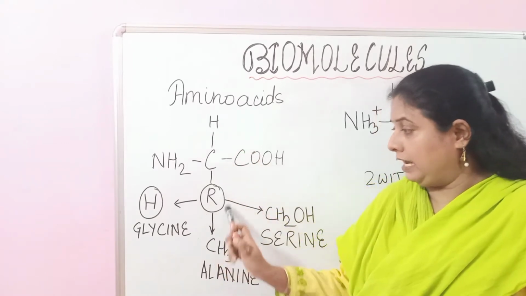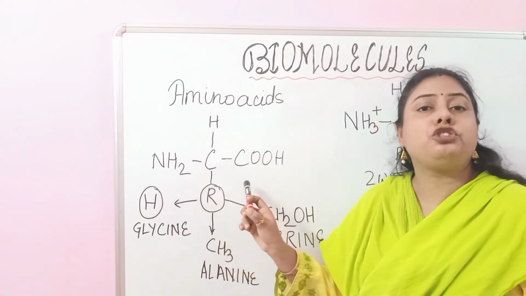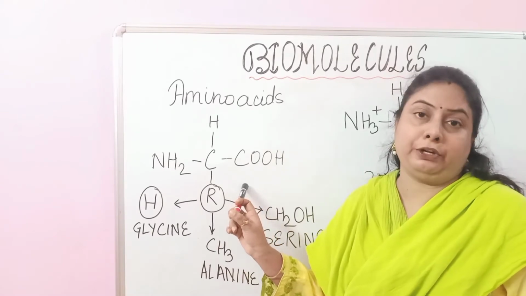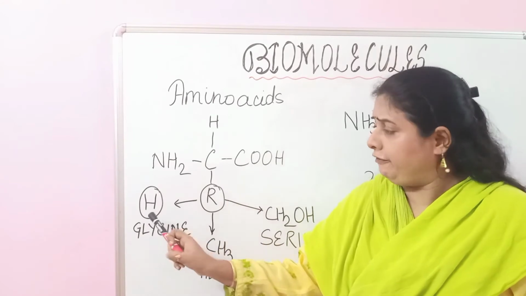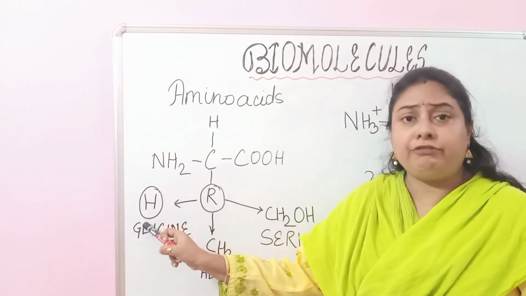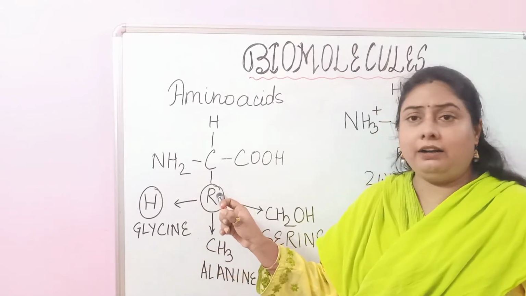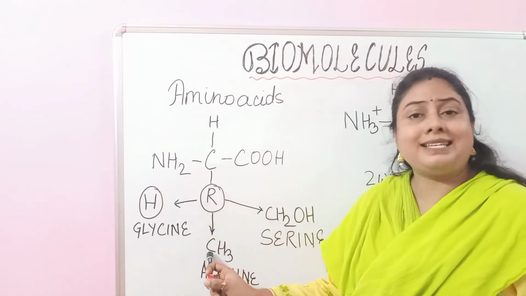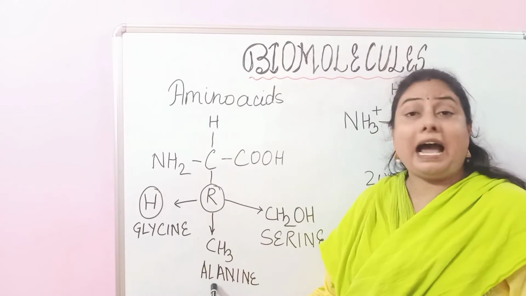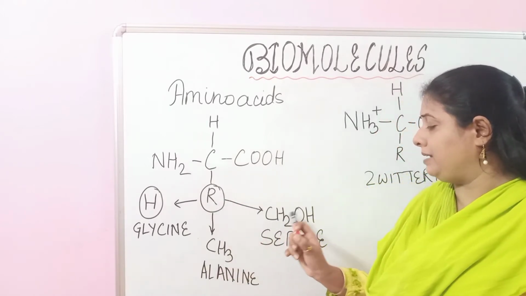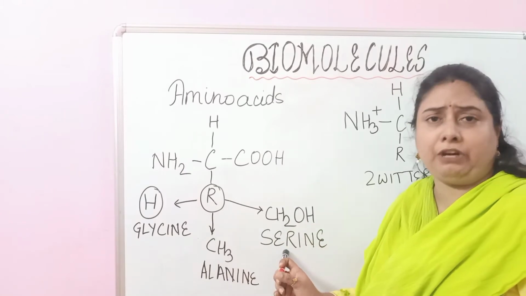And fourth, there is an alkyl chain, a hydrocarbon chain, which if it is only H forms glycine. If this R is represented by CH3, it is alanine, and if this R is represented by CH2OH, it's serine.